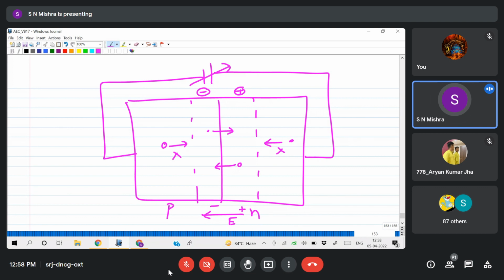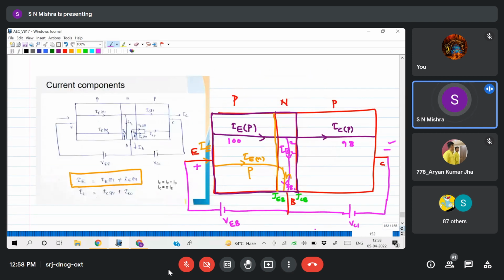What we have discussed in PN junction diode, do you remember that? In reverse bias, minority current can flow, but majority current cannot flow. So that same concept is applied here. So if you take this PN junction, right? So what are the minority carrier in collector?